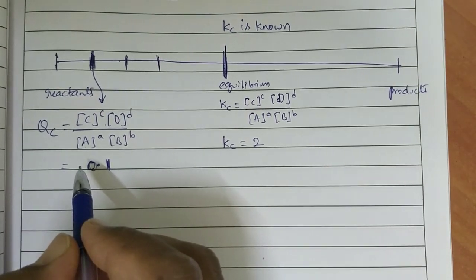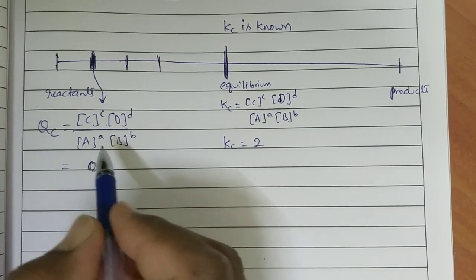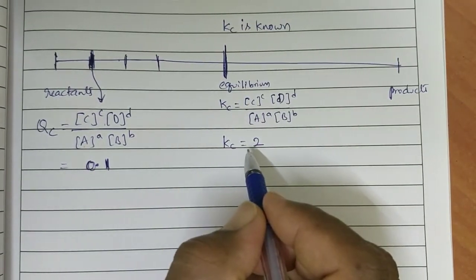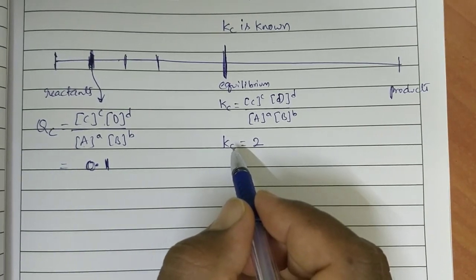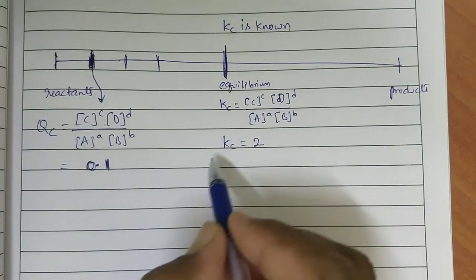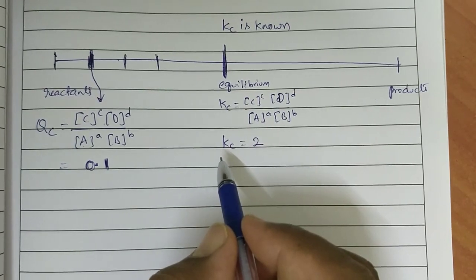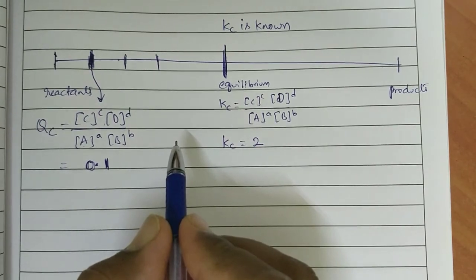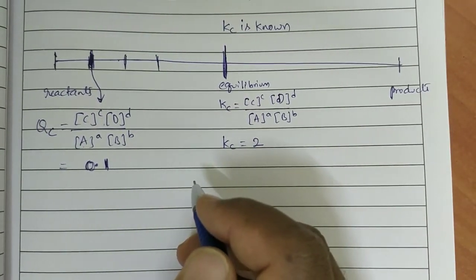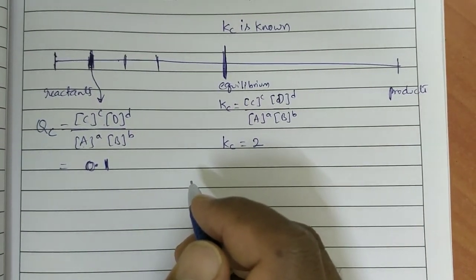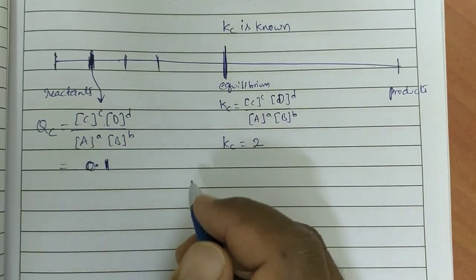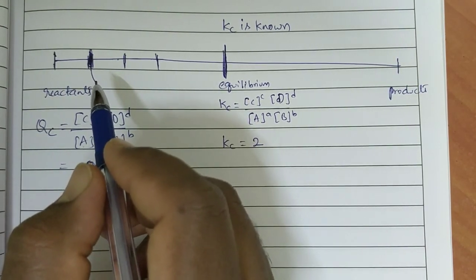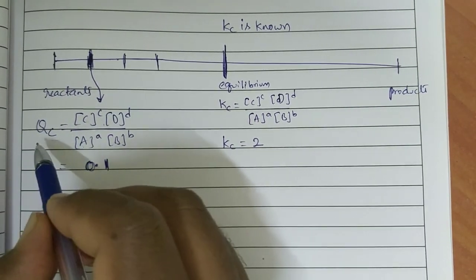So we confirm that equilibrium is not attained, because the Kc value is already known to us, that is 2. When we see that Qc is equal to Kc, then we can say equilibrium is attained. So Qc and Kc are the same only at equilibrium. Whether the reaction attains equilibrium or not, we can understand by seeing the reaction quotient value.